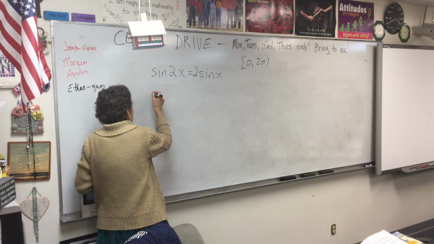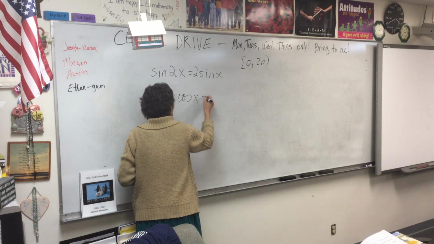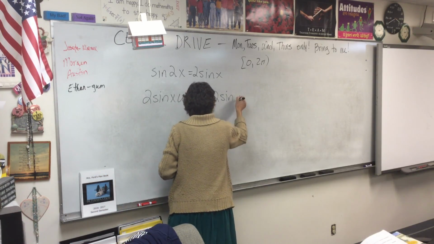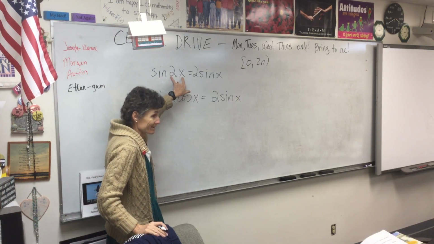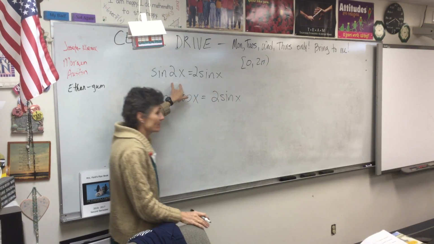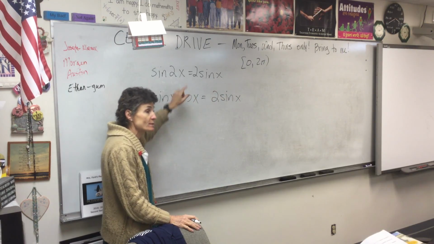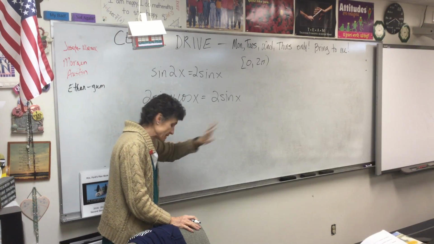Look at your sheet. 2 sine cosine. So very good. Step 1, if your equation has 2 x's and plain x's, get rid of the 2 x's using your formulas. All right, so that's exactly right.